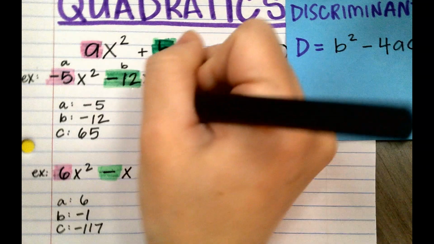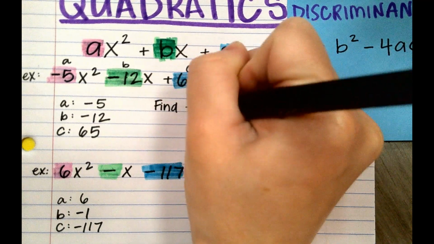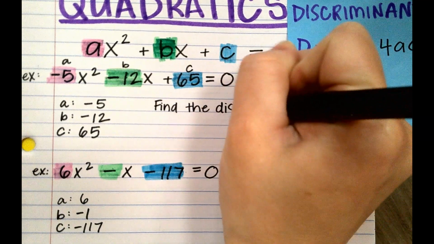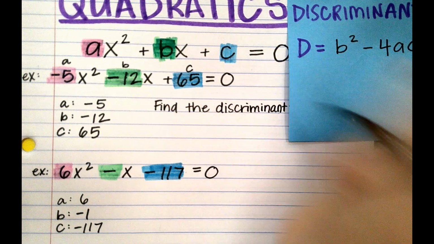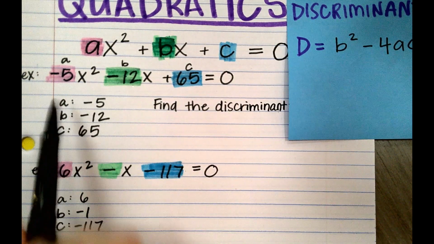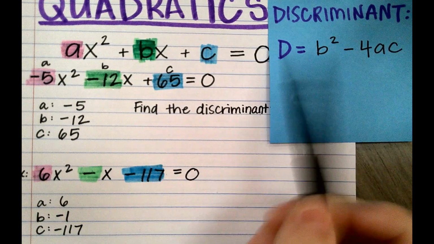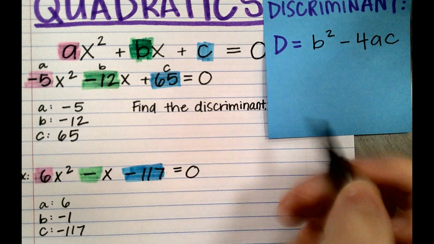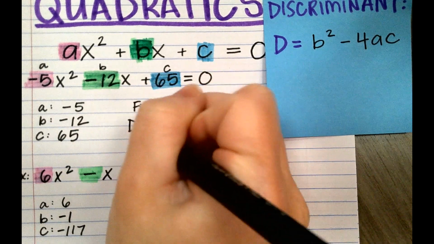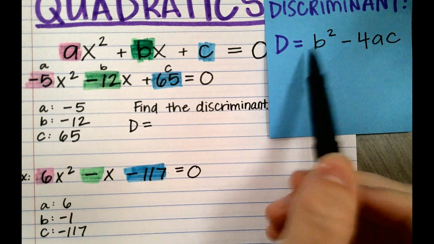If I said find the discriminant, we're going to use A, B, and C and plug them into this formula I just gave you. So I'm going to write D equals B squared.